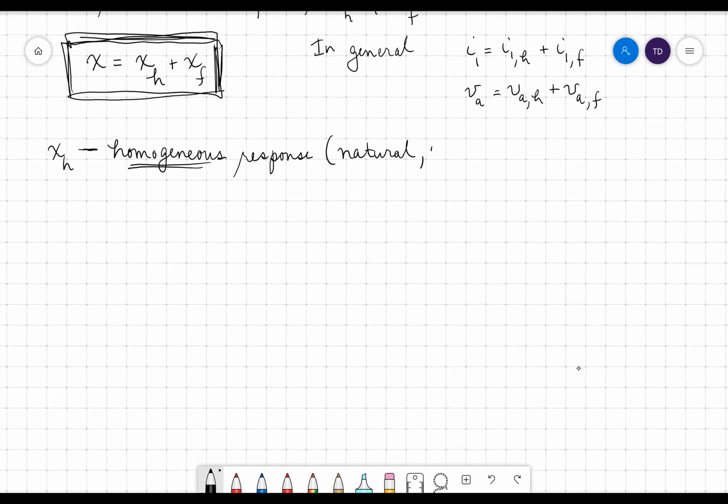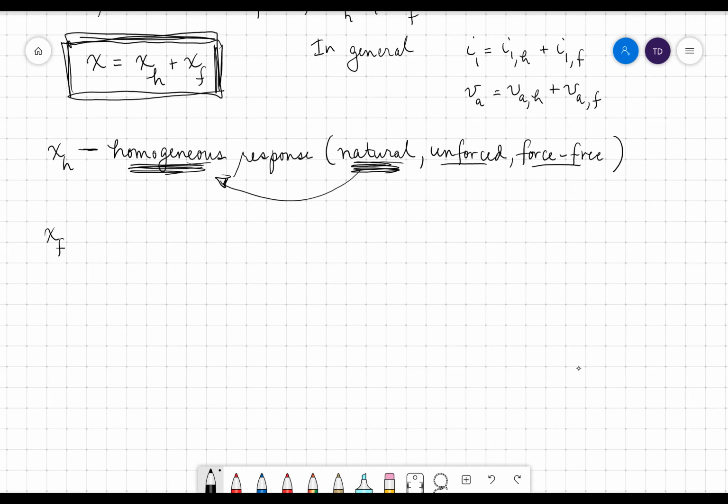It is also called the unforced response, or also called the force-free response. Okay, all of these three words can be used in place of homogeneous. And I am going to use them interchangeably, but largely I will use the natural response or the homogeneous response. You should get comfortable with that.